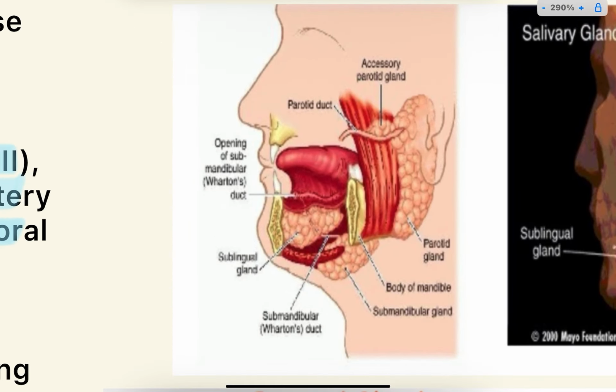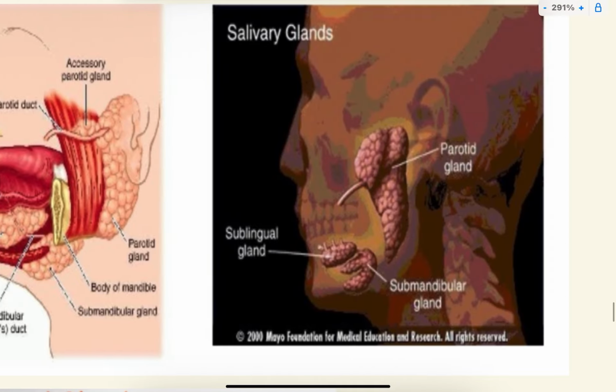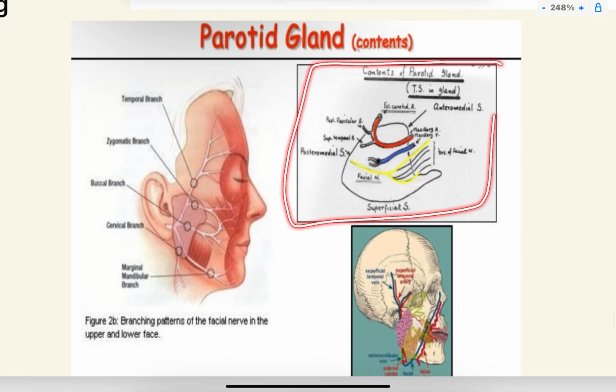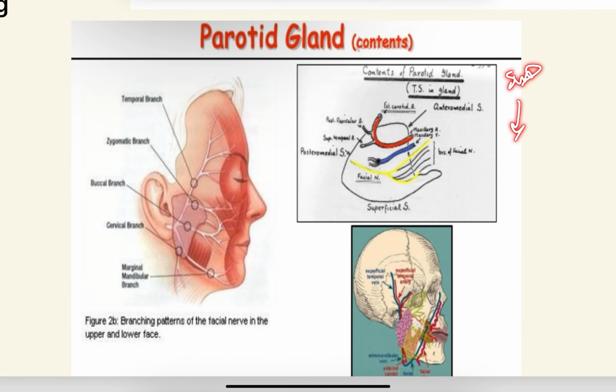Okay, so again, I have the parotid gland. And in the next slide, we're going to talk about this parotid duct and why it is very important. Again, this is the parotid gland and this is the contents. I've just made it easier and told you to memorize it from superficial to deep.